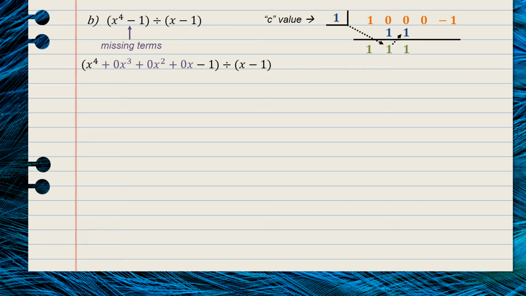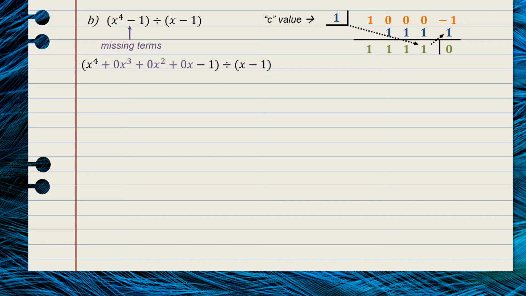Now we do it again. We multiply 1 times 1, which gives you 1, and we add and get 1. One more time. We multiply 1 times 1, get 1, and negative 1 plus 1, well, that's 0.